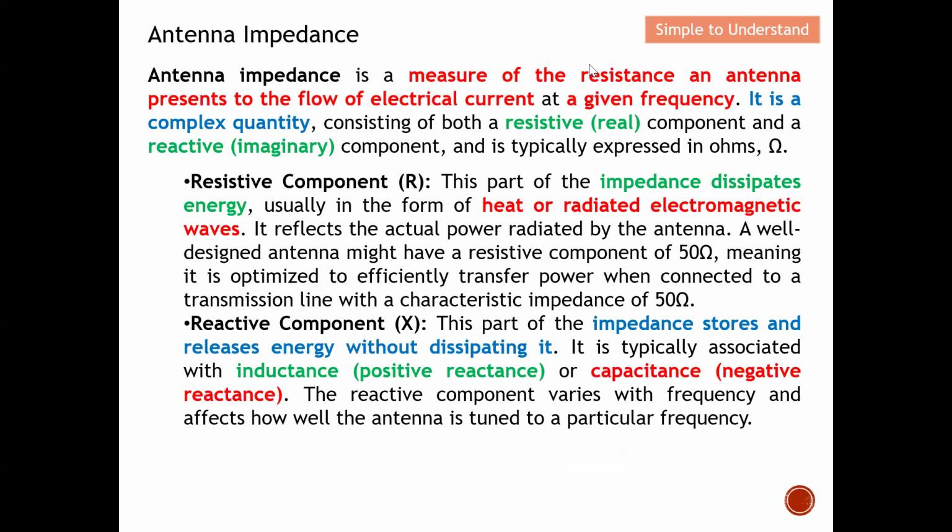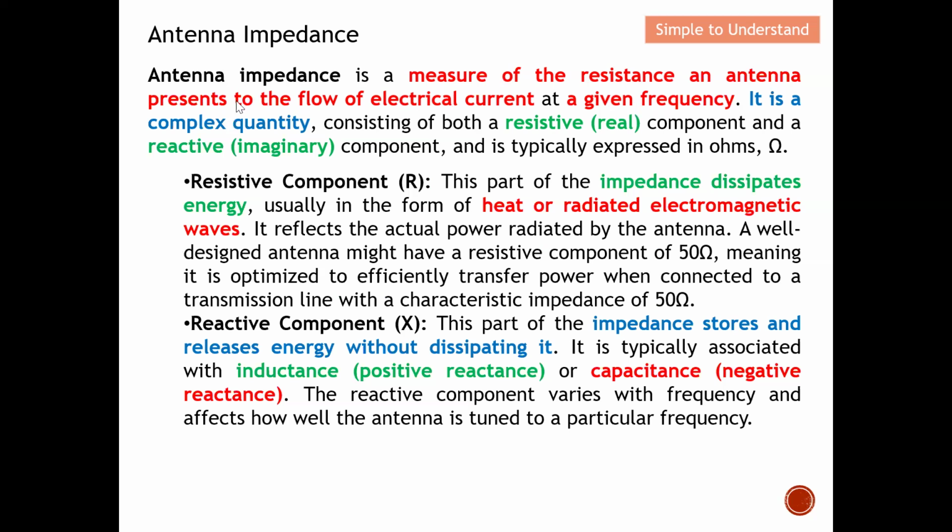In short, we can measure how well the electrical current flows with respect to frequency. As I mentioned earlier, impedance varies with frequency. Therefore, for an antenna, we measure the resistance to the flow of electrical current at a particular frequency.